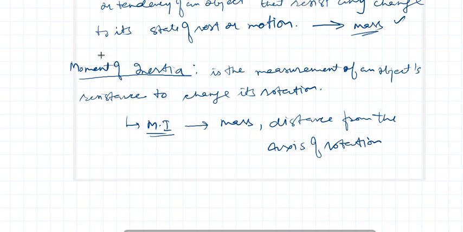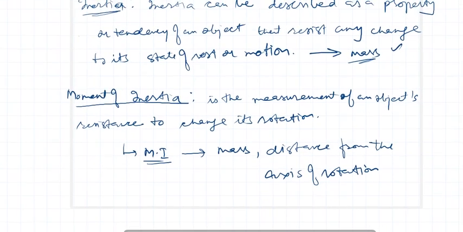For example, for the case of inertia, if we have two bodies whose masses are m and capital M, such that capital M is greater than small m, then its inertia will be larger in comparison to the object whose mass is lesser, right?